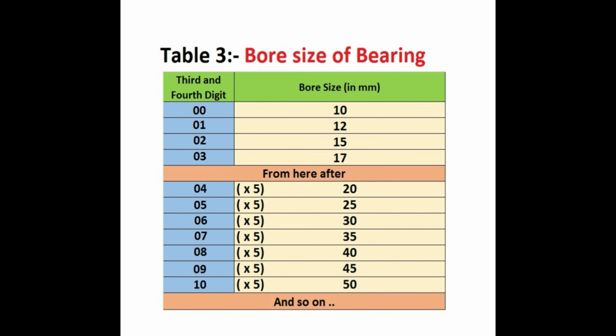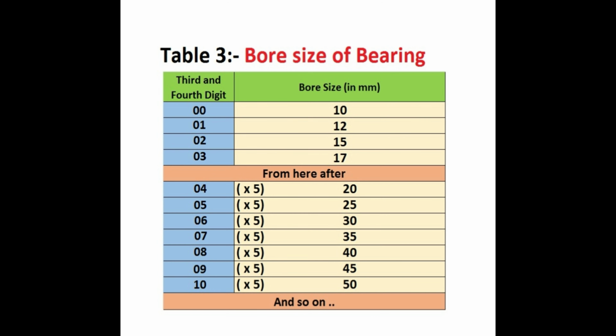The bore sizes indicated by 00 to 03 are: if the third and fourth digits are 00, then the bore size is 10 mm. If 01, then the bore size is 12 mm. If 02, then 15 mm. If 03, it is 17 mm.